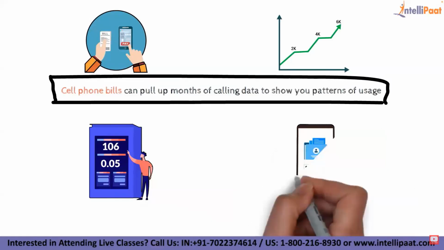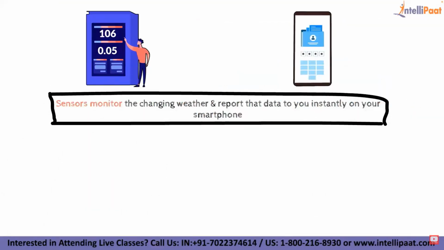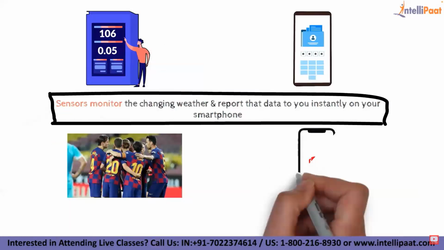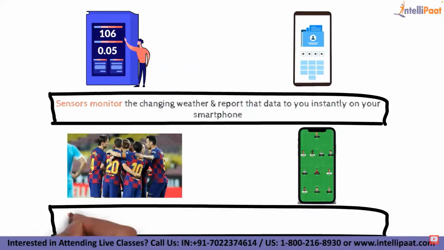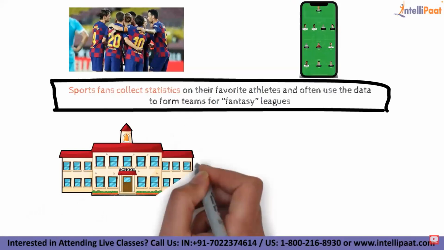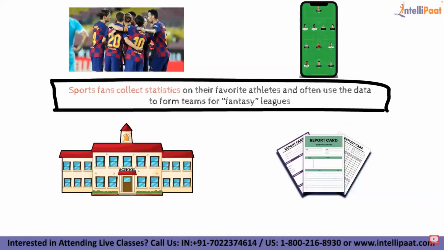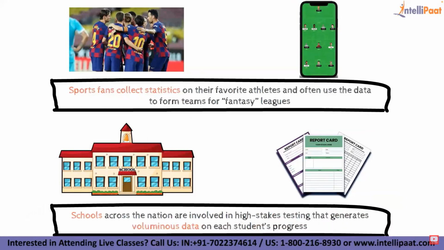Sensors monitor the changing weather and report the data to you instantly on your smartphone. Sports fans collect statistics on their favorite athletes and often use the data to form the teams of fantasy leagues. Schools across the nation are involved in high-stakes testing that generates voluminous data on each student's progress. Educators then utilize data generated from extensive reports to drive their instruction.